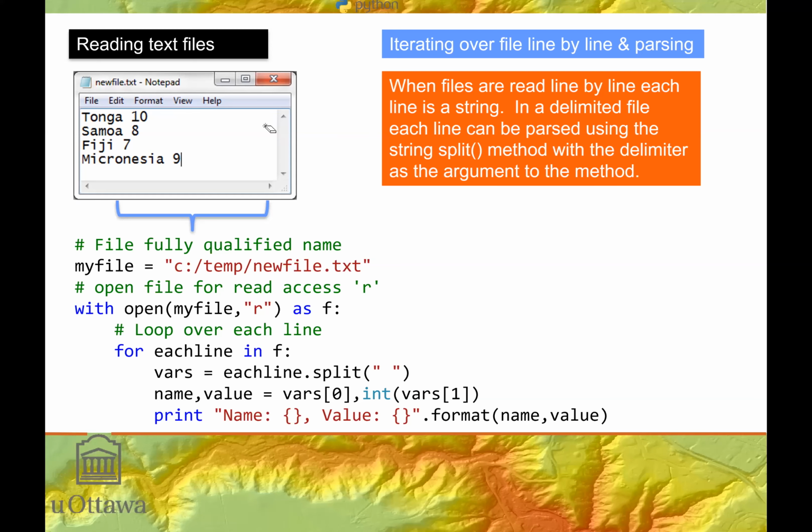So here's another example. Let's say we have text files that look like this. This could be, you know, the number of international caps for international rugby by different teams in the South Pacific. So Tonga, Samoa, Fiji, Micronesia. So let's say that's the international caps before COVID started for the previous year.